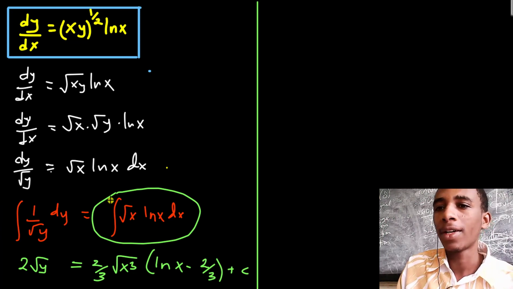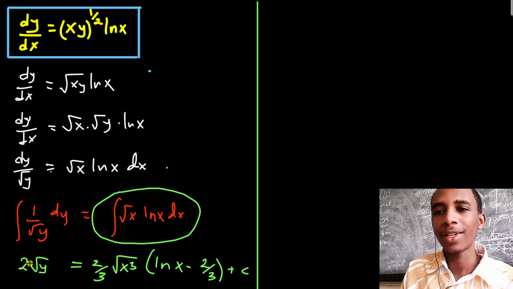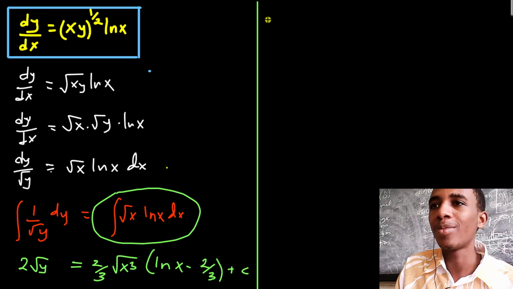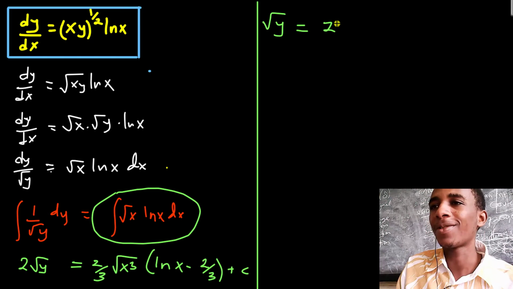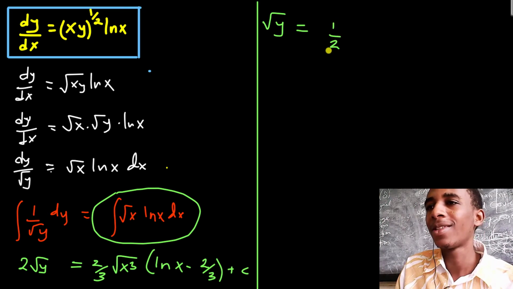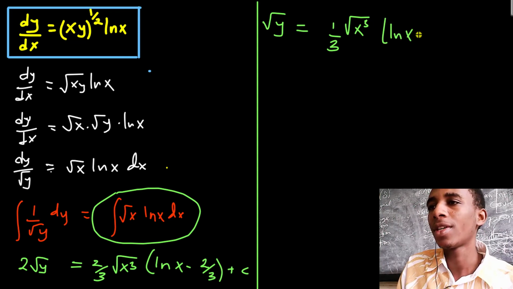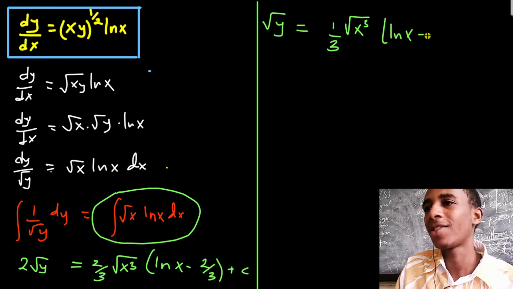This 2 here, I don't like it, so I can divide throughout by 2. So I have the square root of y equals, that's not 2 over 3 now, that's 1 over 3, the square root of x to power 3 times the log of x minus 2 over 3, plus the constant c.